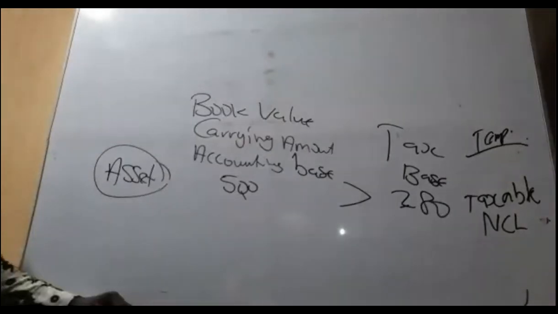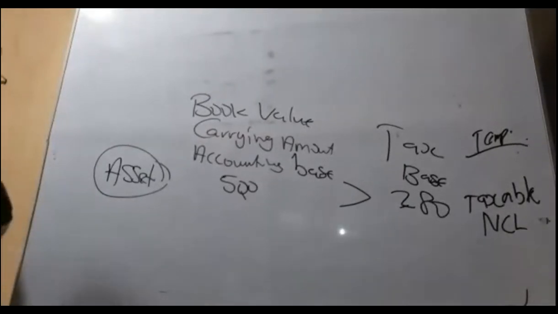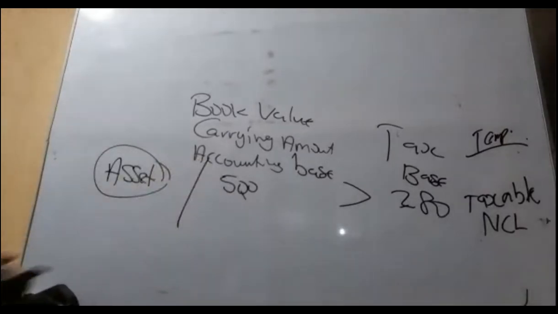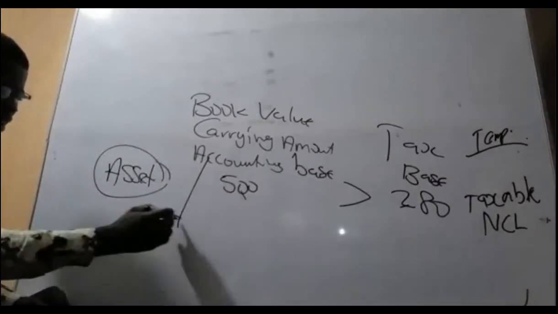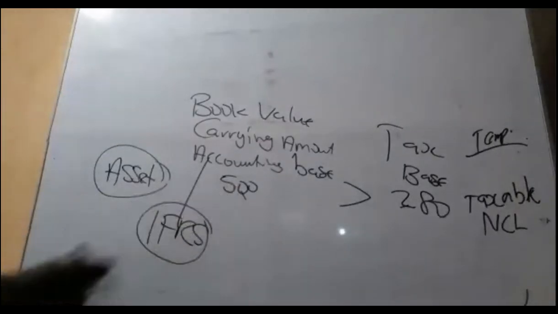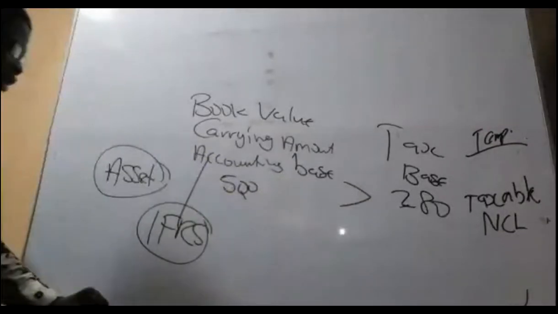It's like this. For accounting purposes, what is the value of the asset? Applying the accounting rules, IFRS, you are going to use IFRS to determine the value of your assets. The taxman will not use IFRS. The taxman will use the tax laws to determine the value of the same building.